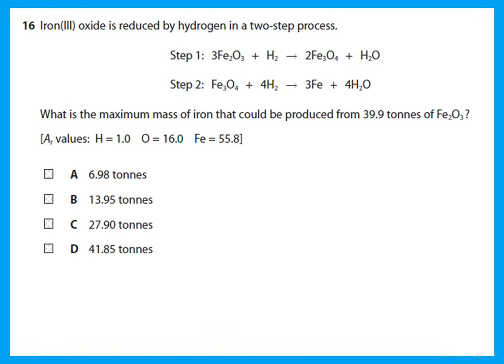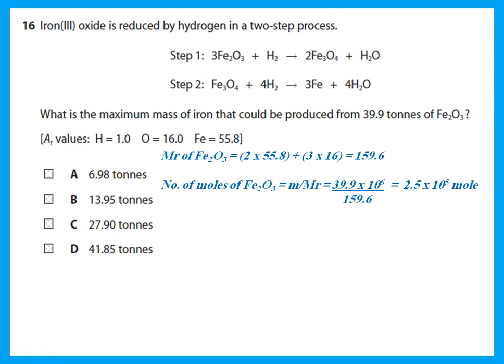So actually, I should convert this ton to grams and then convert it back to tons. So anyway, he says he wants the mass of iron. If I start with 39.9 tons of Fe2O3, let's get the number of moles of Fe2O3 first. The molecular mass is 159.6. So the number of moles is mass over molecular mass, and this gives me the number of moles of Fe2O3.